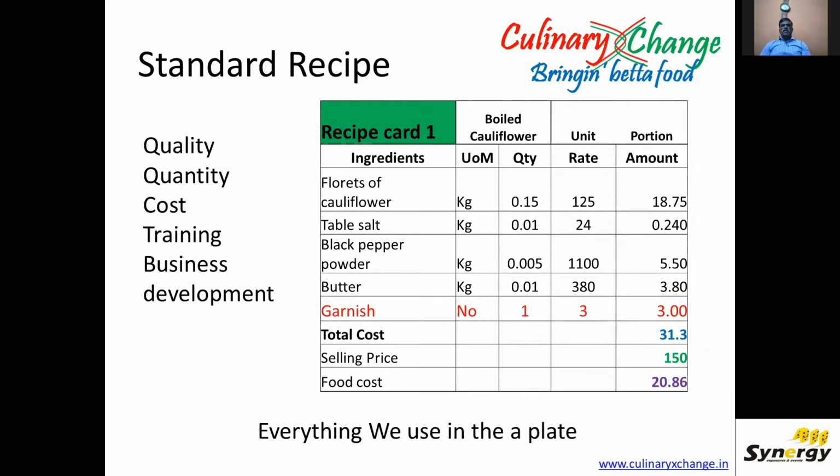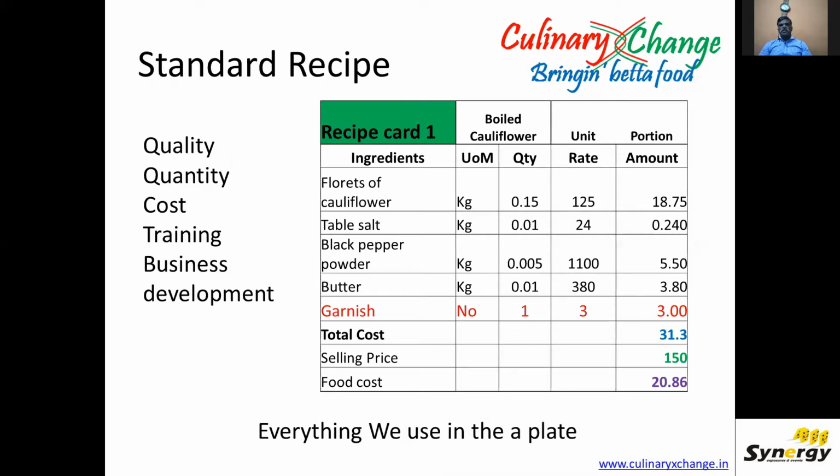Here we see a standard recipe. There is a small sample I have given here. It's a very simple example. In this we have given floret of cauliflower with its unit of measurement as kilos. The quantity we have written as 0.15, which is 150 grams.